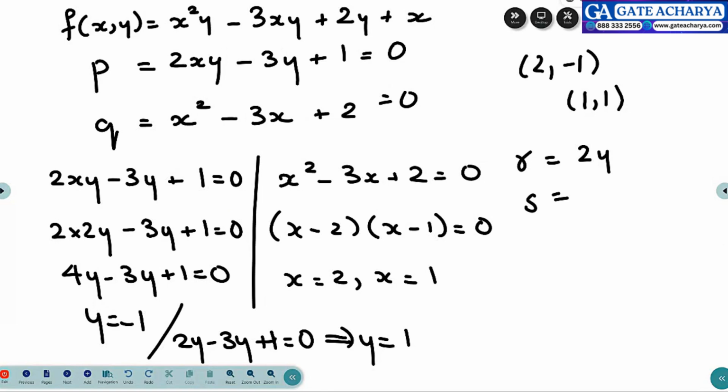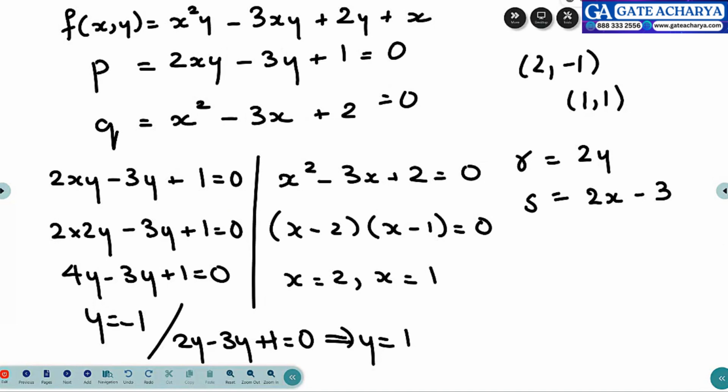What I prefer is to take p and differentiate with respect to y now. If I take the derivative with respect to y, I will get 2x minus, and I am taking the derivative of this with respect to y. So 2x is constant, the derivative of y is what? 3y, the y derivative is 1, so remaining 3.